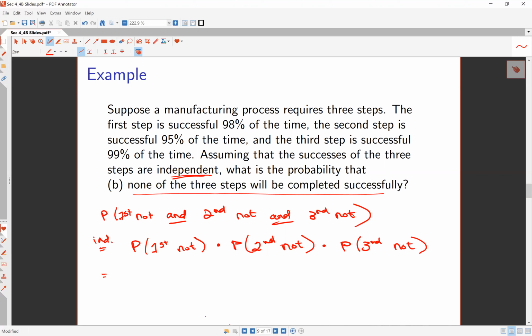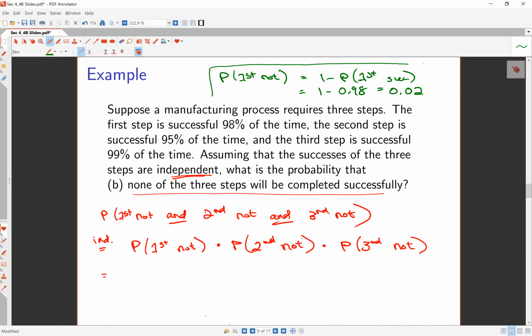Now, where do I get those probabilities? Well, what is the probability that the first is not successful? It'll be 1 minus the probability that the first is successful. And so this will be 1 minus 0.98, which is 0.02. And the same principle applies to the other two steps.